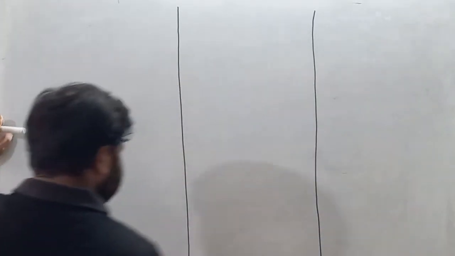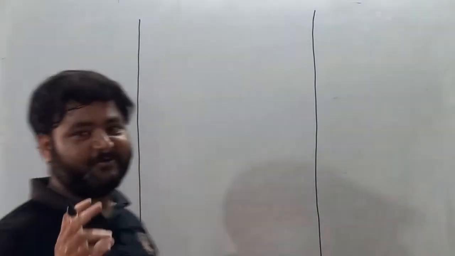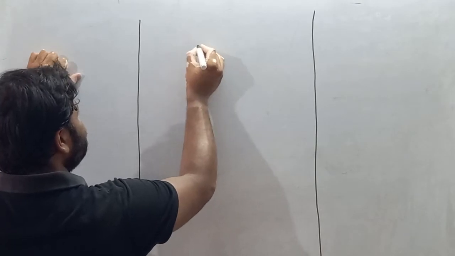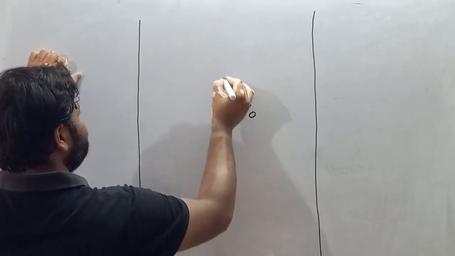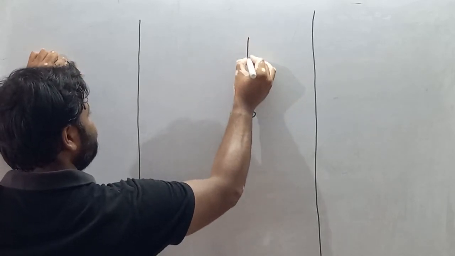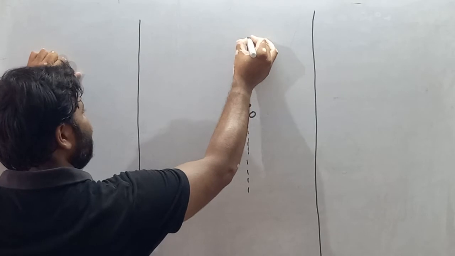So dear students, let's suppose we have a semicircular arc. I hope you all are understanding. This is your last topic on continuous charge. This is the center of the semicircular arc, and if it is semicircular, then we'll say half ring.